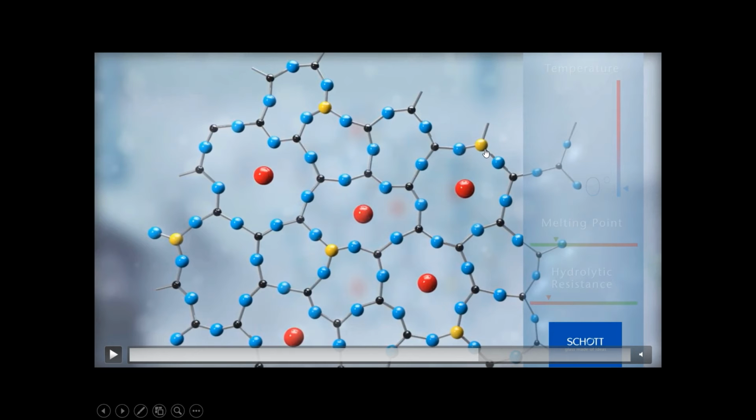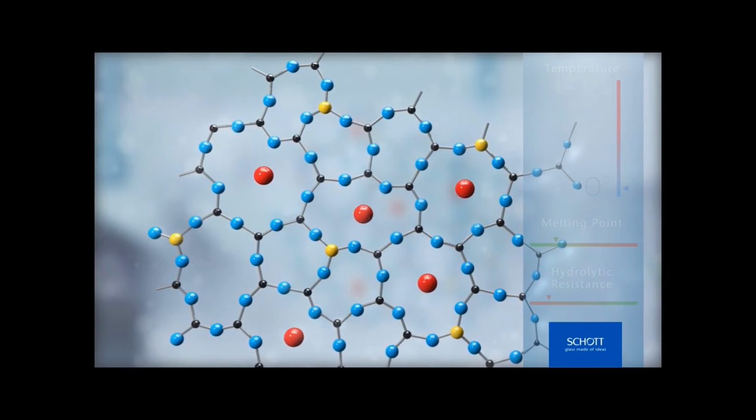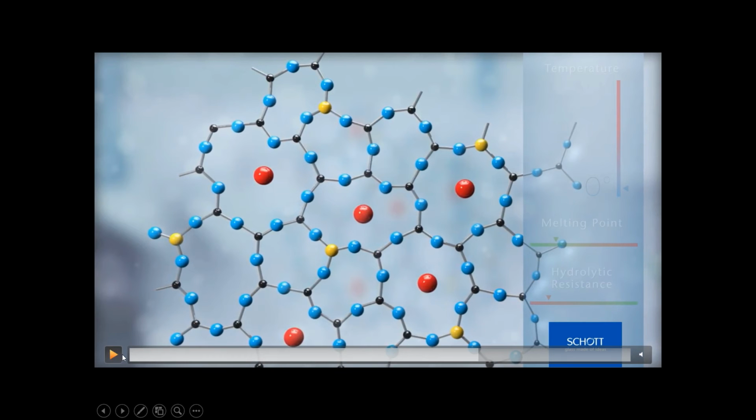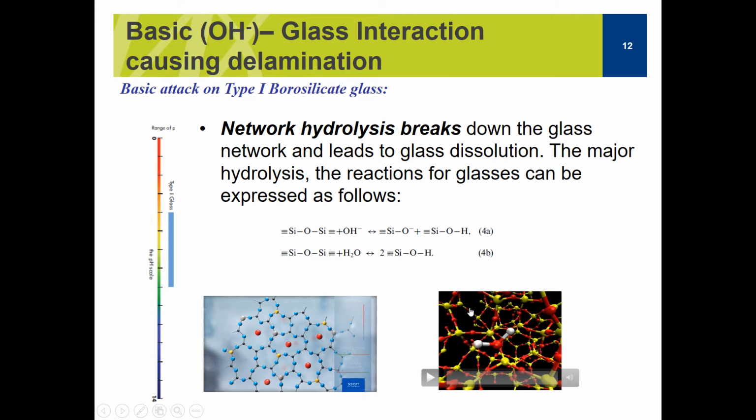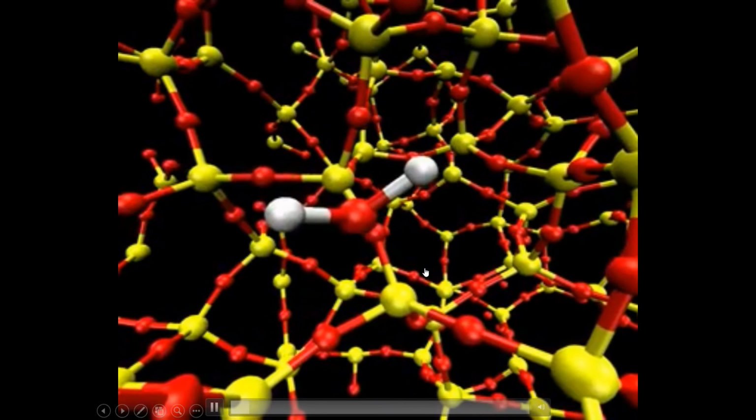And if it breaks this bond and that bond and this bond, then you're going to have this whole structure coming off on its own, and it becomes more of a delaminate. So this is one visual representation, this is another visual representation.